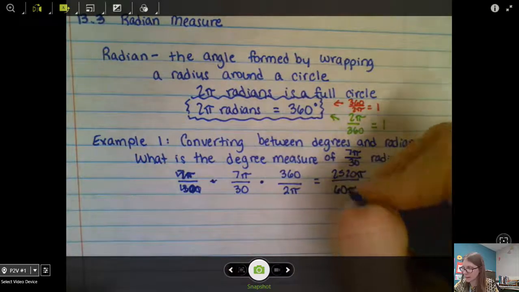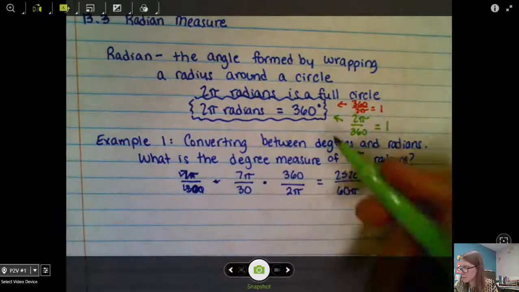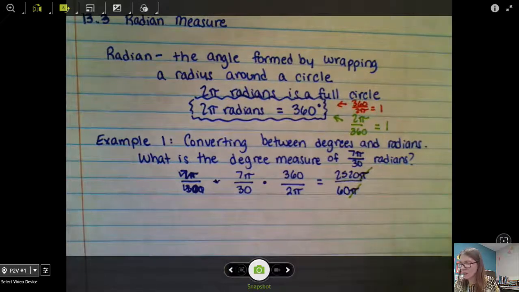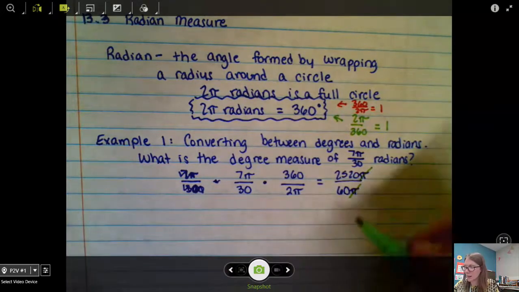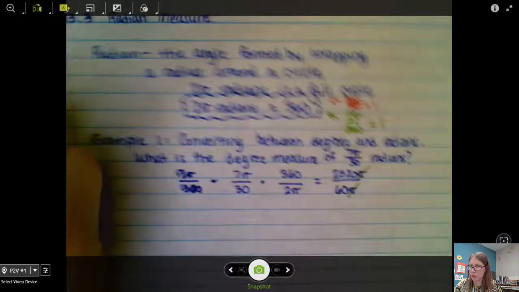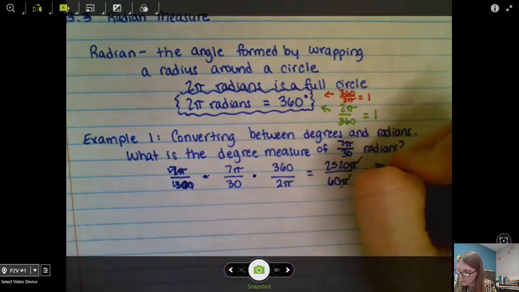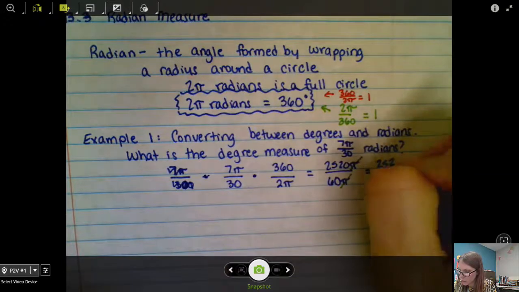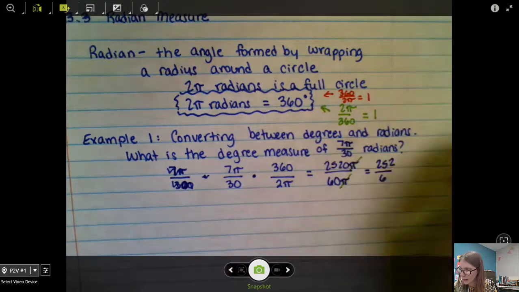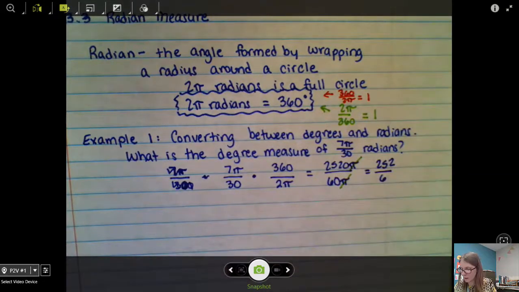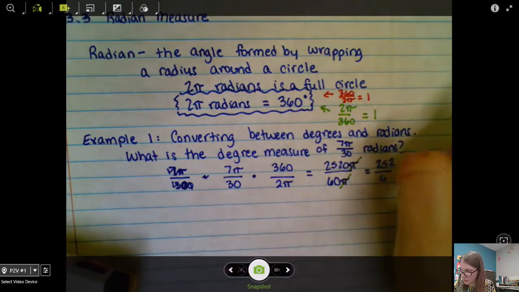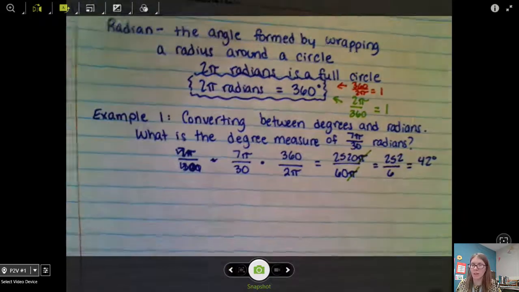Those pi's are going to cancel out. And we just have to simplify that 2,520 divided by 60. They both end in zeros, so I know they're both divisible by 10. It's 252 over 6. Let's see if that divides. And it does. It's 42 degrees. So we get 42 degrees.